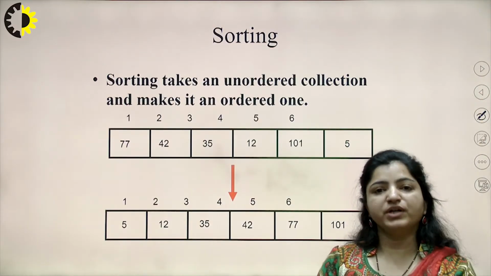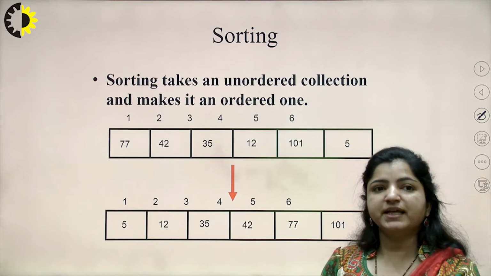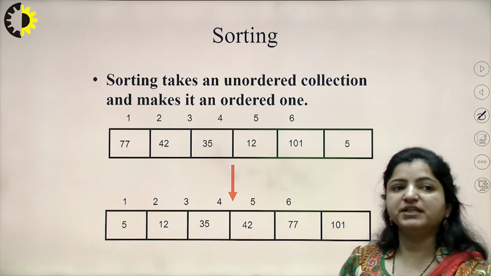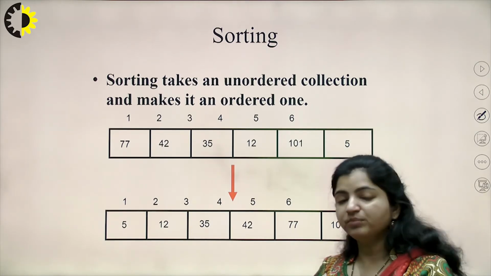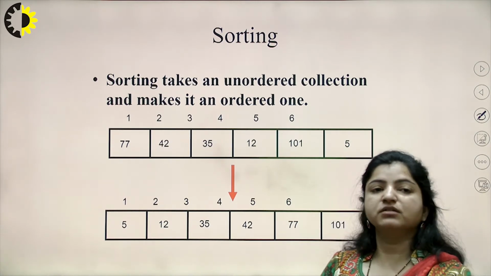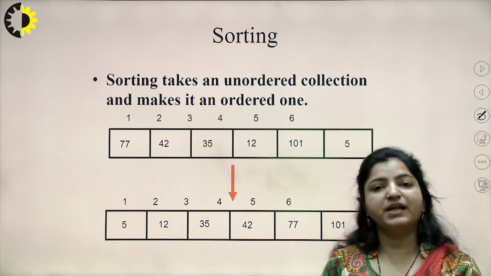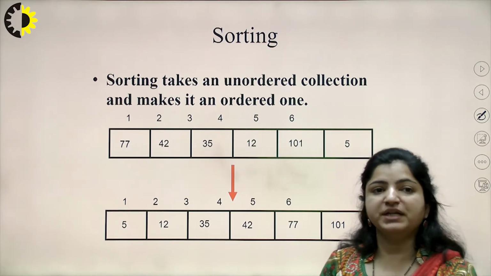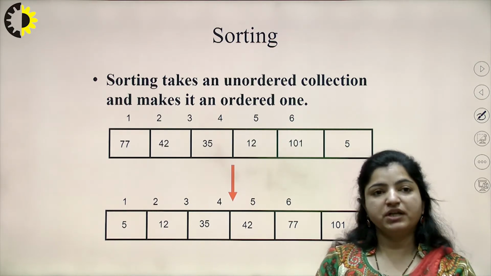So first of all, what is sorting? Sorting takes an unordered collection and makes it an ordered one. So something which is not ordered, we can convert into an ordered one, like we can arrange it in ascending or descending order by applying a sorting algorithm.